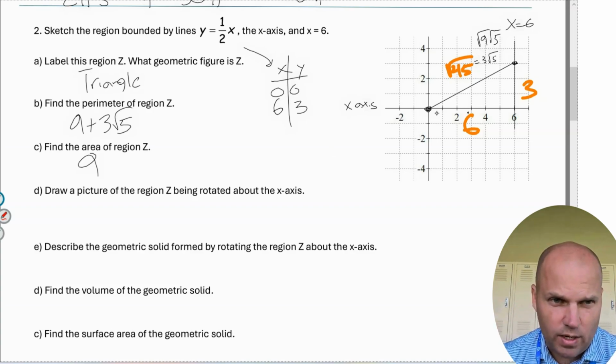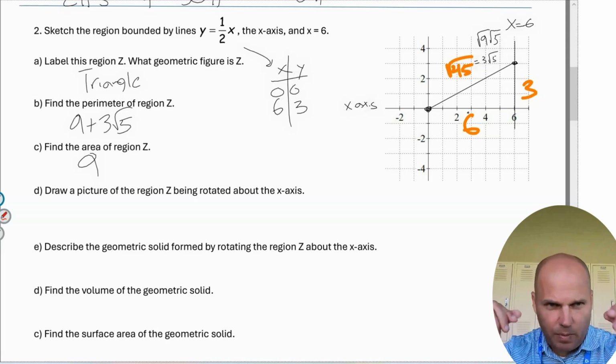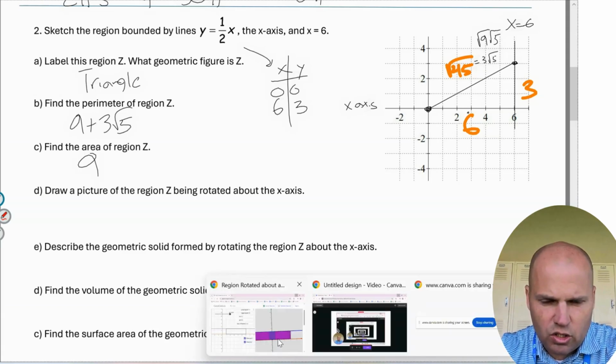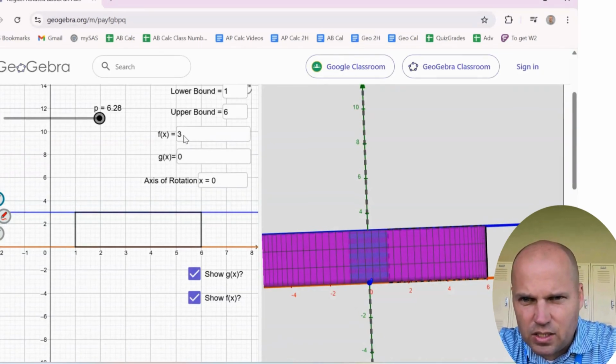This around the x-axis, what would it look like? Okay, think about it, spun around the x-axis. Think about what it would look like.